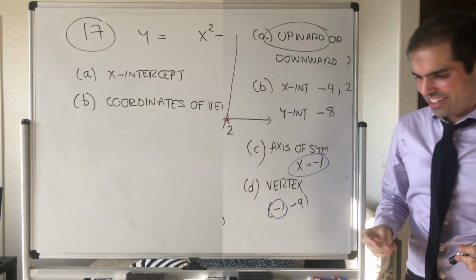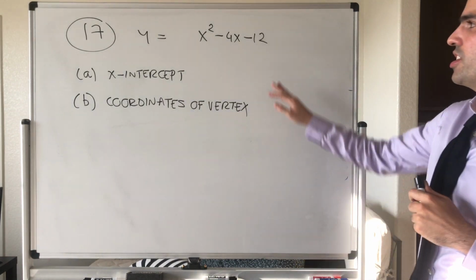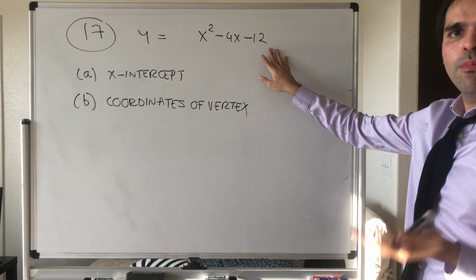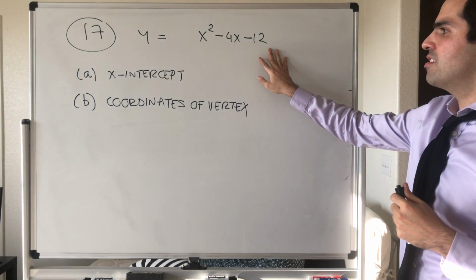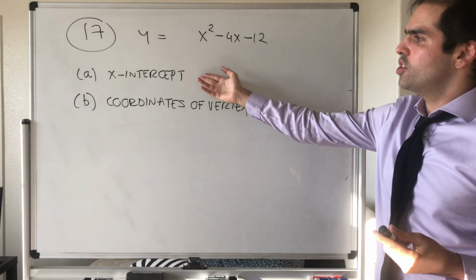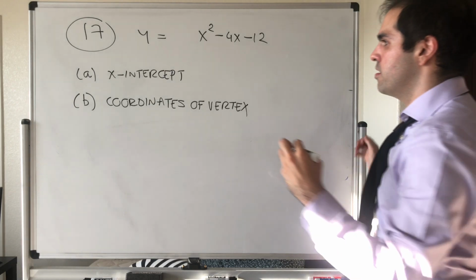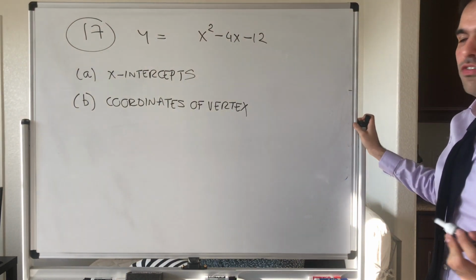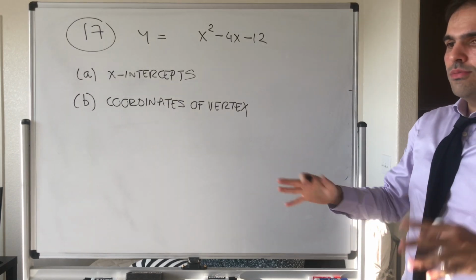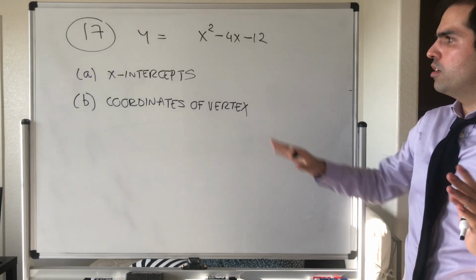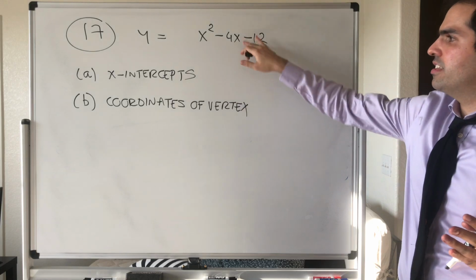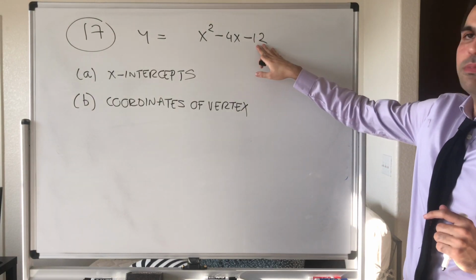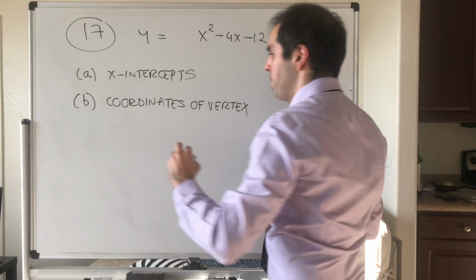All right, the next question is, so suppose again you have this parabola, x squared minus 4x minus 12, and the first question is find the x-intercepts, and also the next question is find the coordinates of the vertex. So you could do it all at once, but let's treat them as separate questions. So x-intercepts just means set that equal to 0.